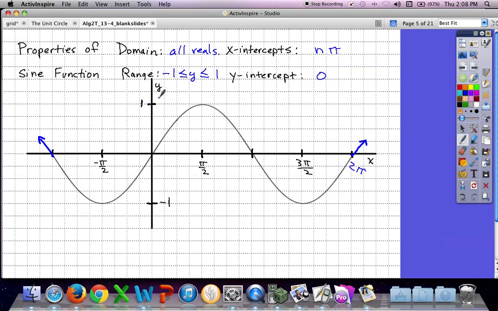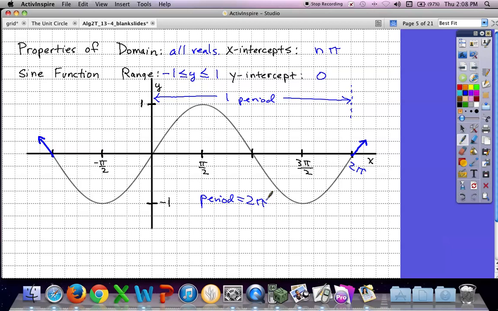So this is one period. So the period equals 2 pi.